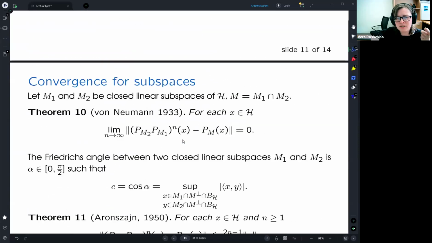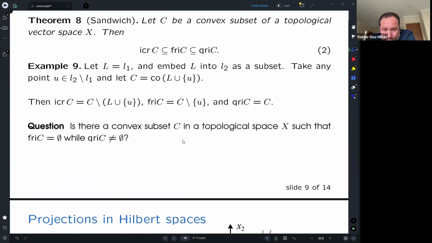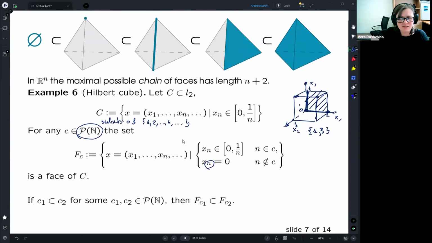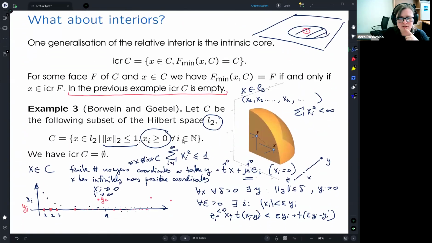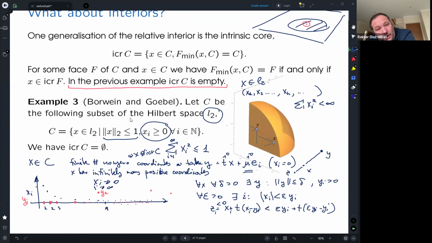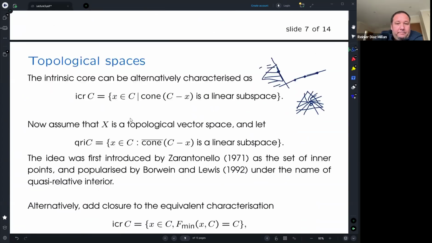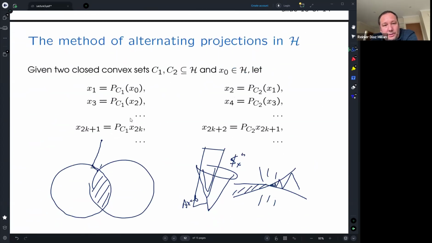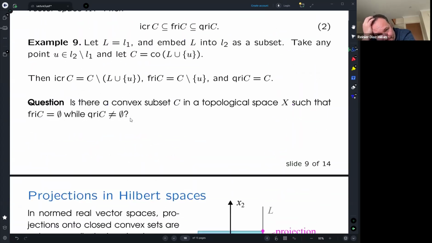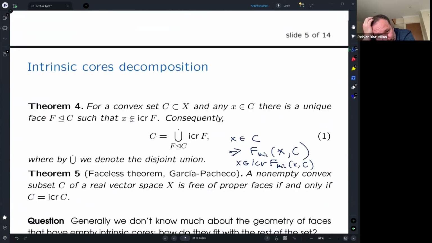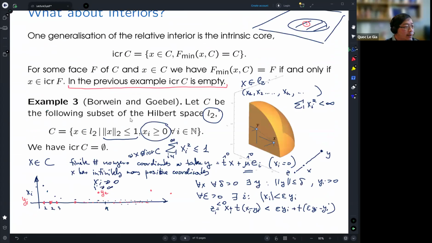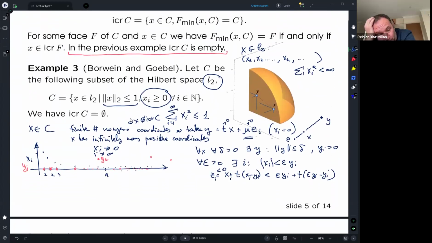But for the intrinsic core example, we don't need a Hilbert space? No, we don't need it. But some of the keys of this example will change if you don't have a Hilbert space. You still have a Banach space structure, right? Yes, it will be a Banach space; Banach spaces are complete by definition.